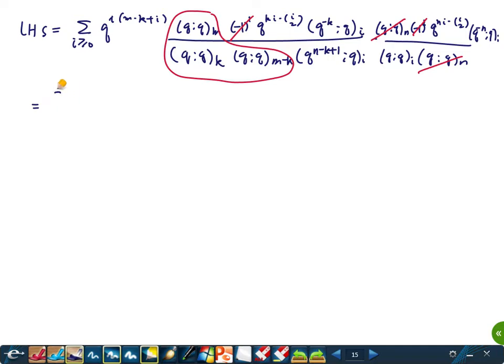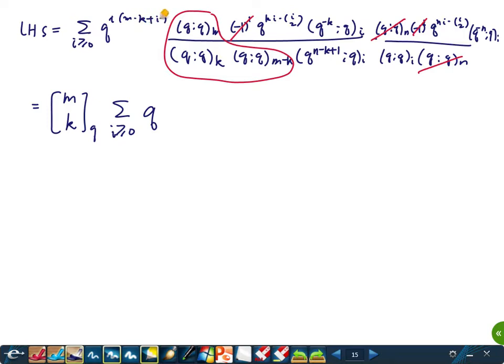So this is going to be, this is exactly m choose k, like that. Okay, now let's consider this power of q. Okay, what is the power?